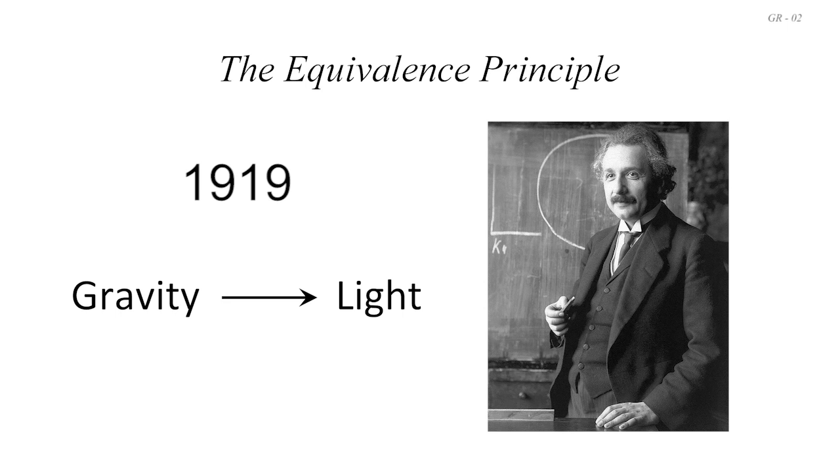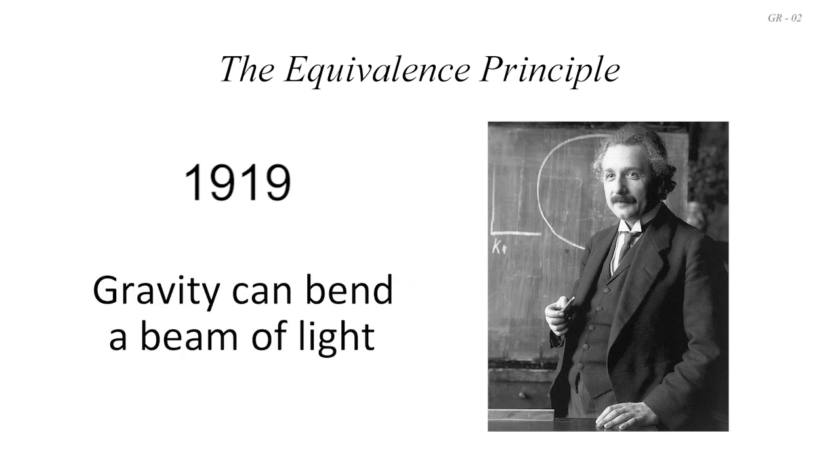On the assumption that the equivalence principle was correct, Einstein concluded that gravity can bend a beam of light. Now, at first sight, that might seem ridiculous. Everyone knows that light travels in straight lines. And in any case, why should gravity affect photons of light? Photons have no mass. So what's gravity got to do with them?